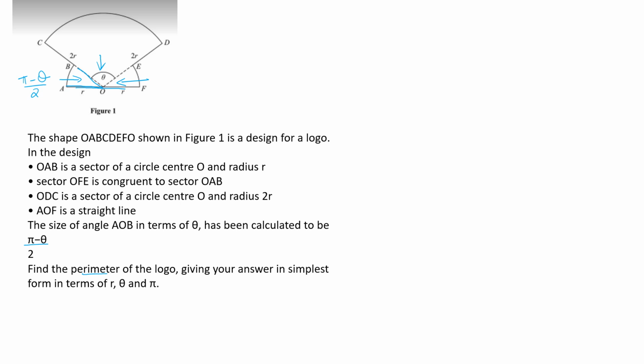Now to find the perimeter, because we're in radians, we can use the arc length, which when you're in radians is equal to r theta. So the smaller sectors, their r theta will be r times the angle, which is pi minus theta over 2, and we've got two of those, so that would be those two curved bits there.